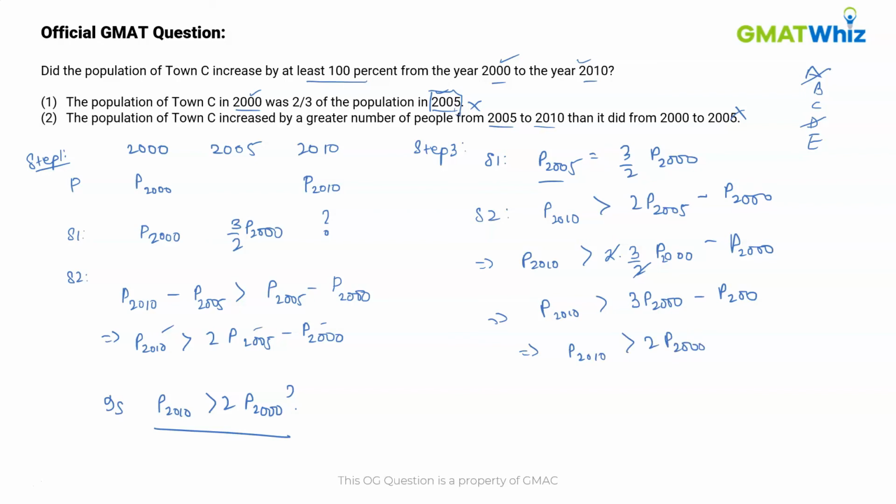Now if you compare it with the rephrased question, this was exactly what the question had asked. So this is a yes, the increase in the population of the town was at least 100% from the year 2000 to 2010. Hence the correct answer is option C.